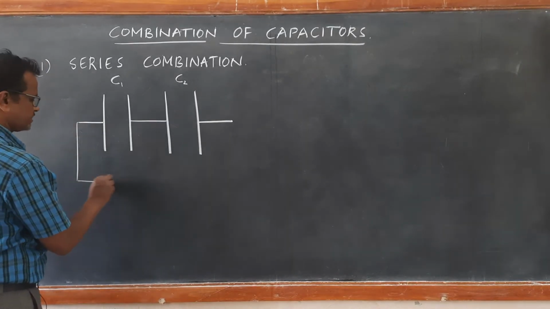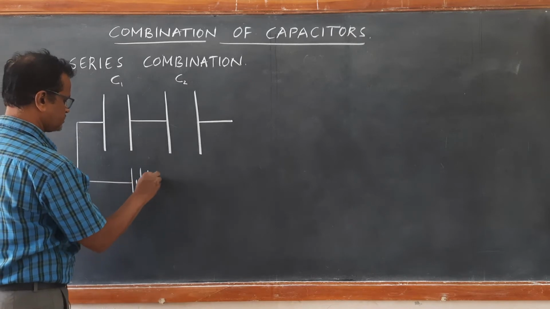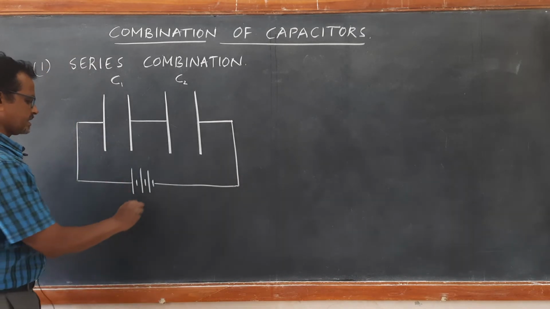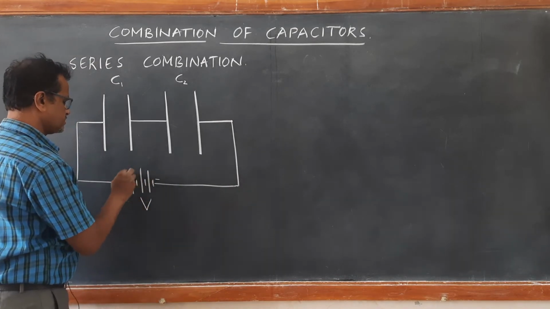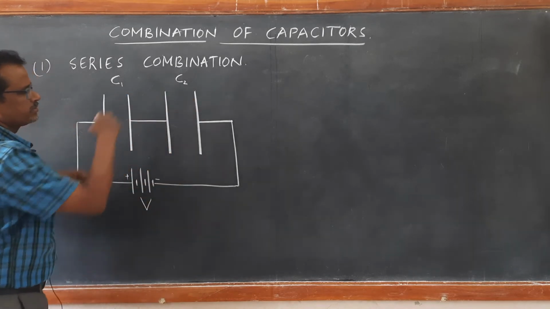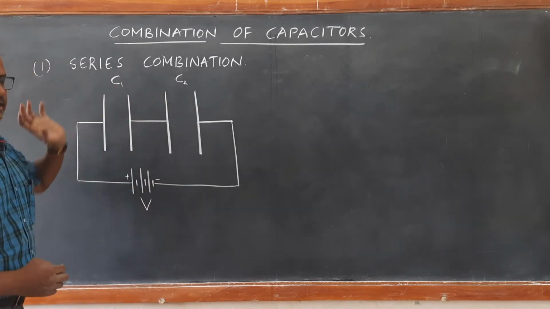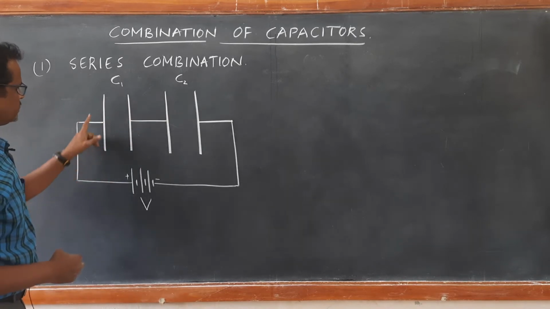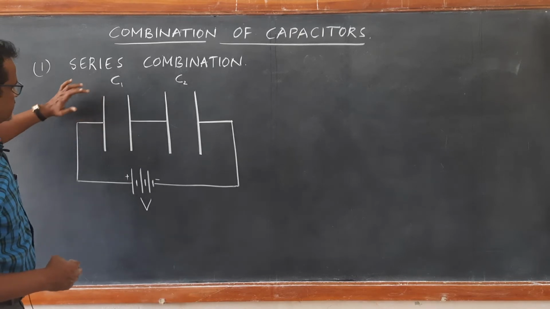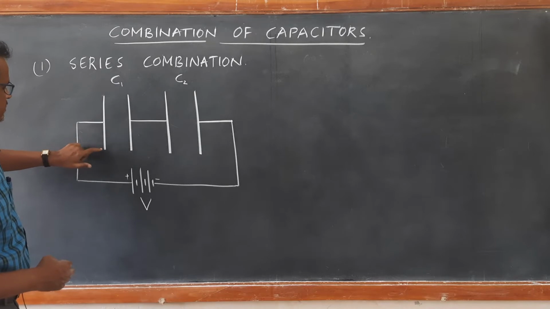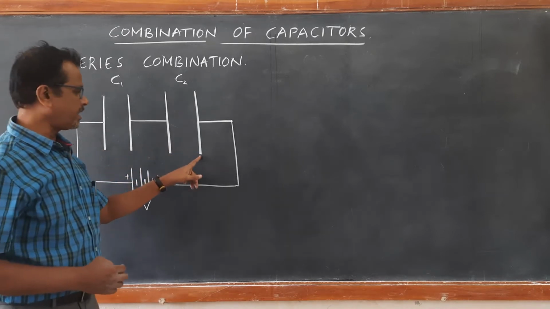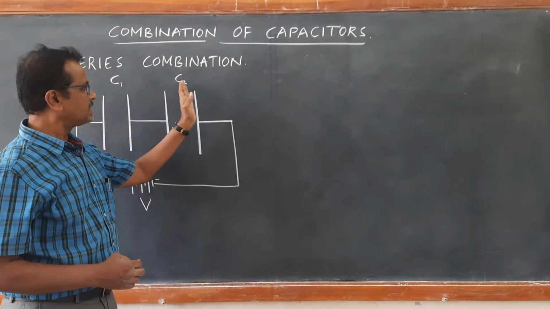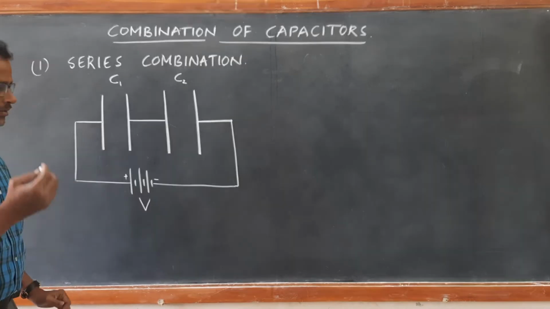Now when this is connected to a battery and charged, an interesting thing takes place. When it is connected to a battery of potential difference, say V, this combination of C1, C2 taken in series, charging takes place simultaneously. The left plate of the first capacitor C1 is connected to the positive terminal, the right plate of the second capacitor is connected to the negative terminal.